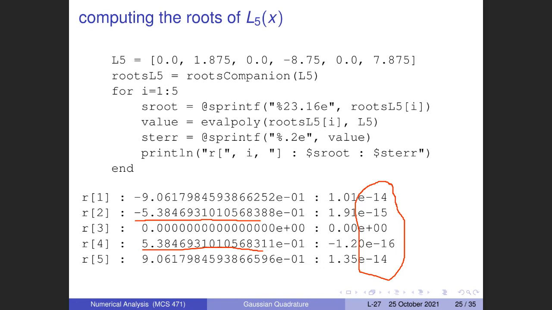So the roots are actually symmetric. So we have 5 points, and the center point of the interval -1, 1 is 0. And we can read this off from this coefficient as well. So you see the constant coefficient is 0. So there are a lot of checks and balances that we can do to verify this computation.